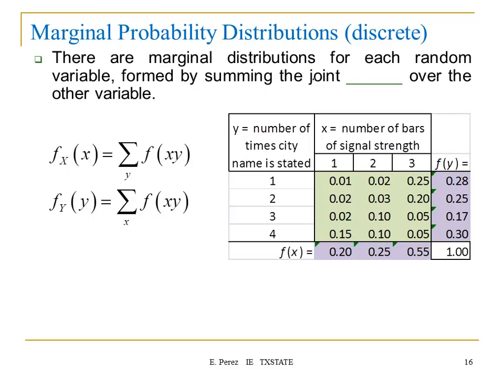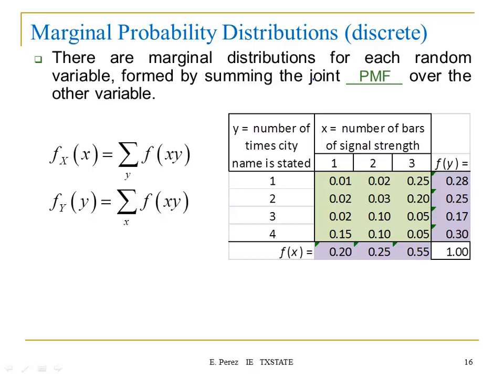Okay, so there are marginal distributions for each random variable, formed by summing the joint probability mass function over the other variable. In this case, we are looking at discrete random variables. Remember how we name the probability distributions for the discrete case? They are probability mass functions. For the continuous case, they are named probability density functions.